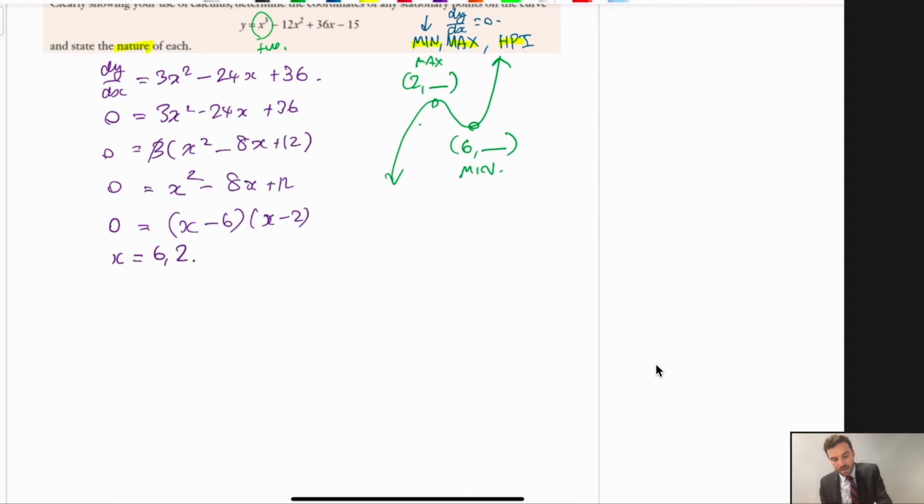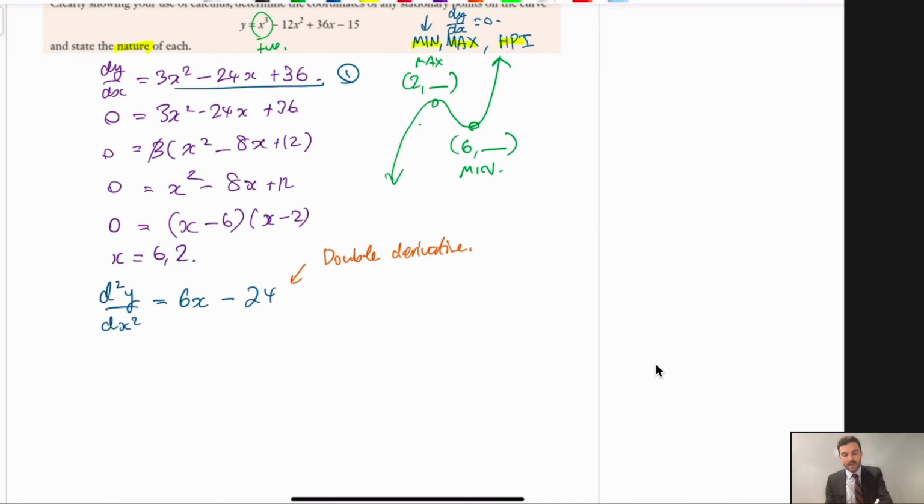I'm not sure if you remember the notation, but it's quite important. d squared y on dx squared is equal to, we're going to differentiate once more our function here. I'm going to call that equation 1. We're going to differentiate that once more, so that's our double diff: 6x take 24. This is our double derivative.